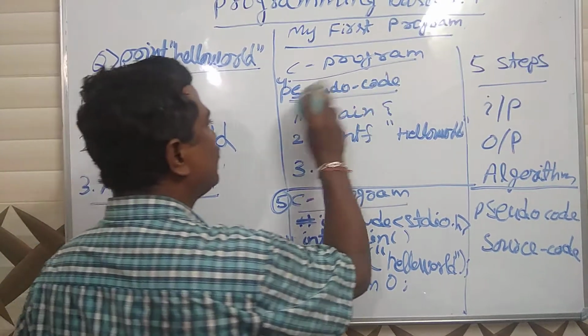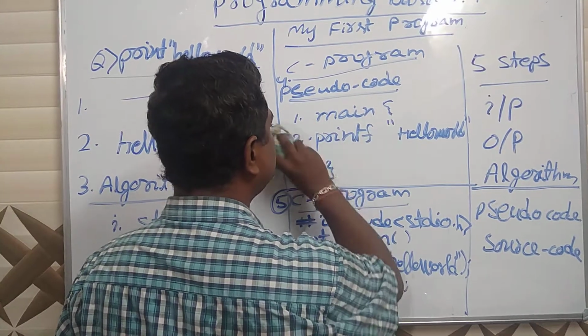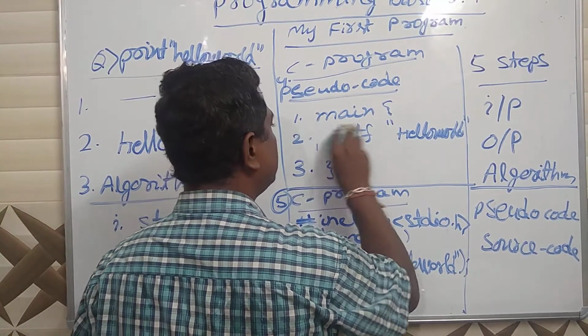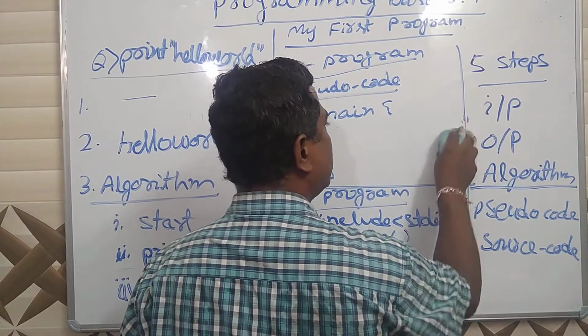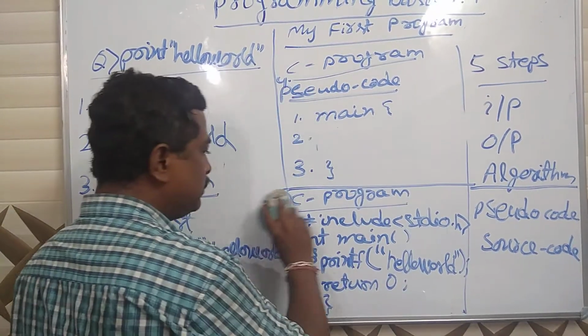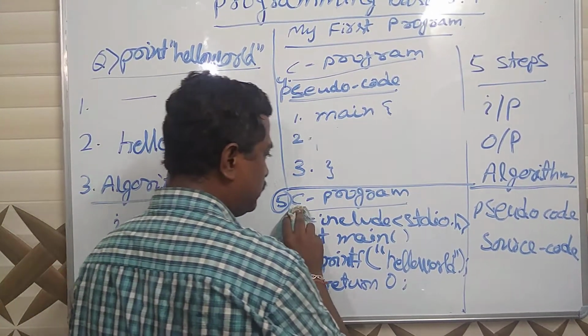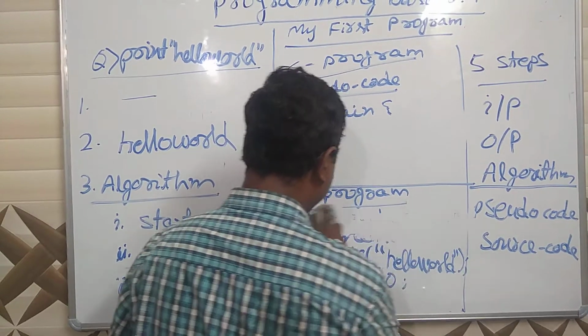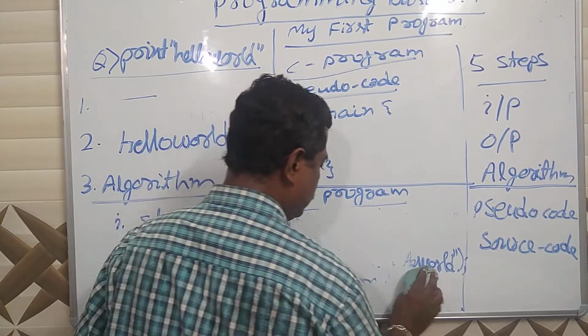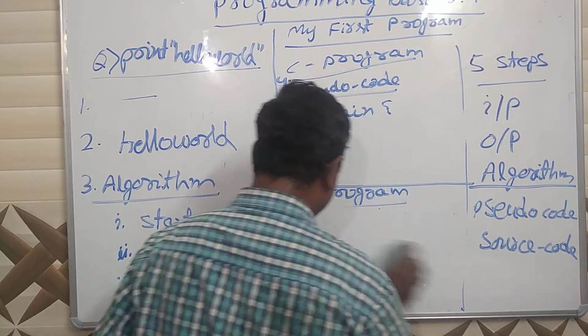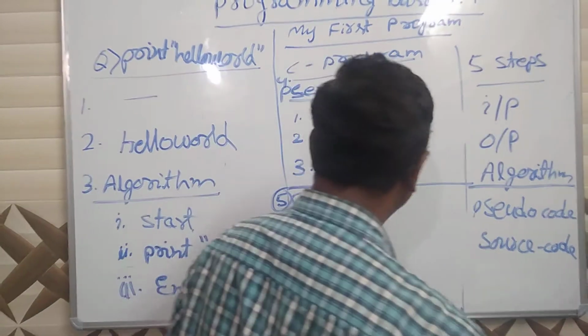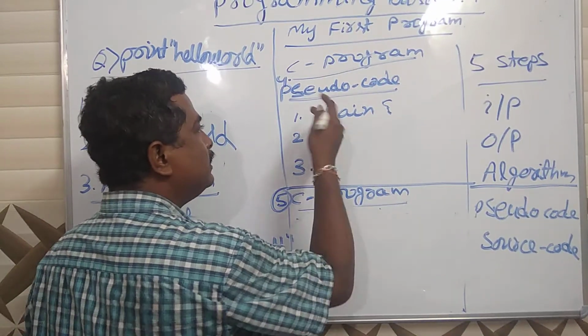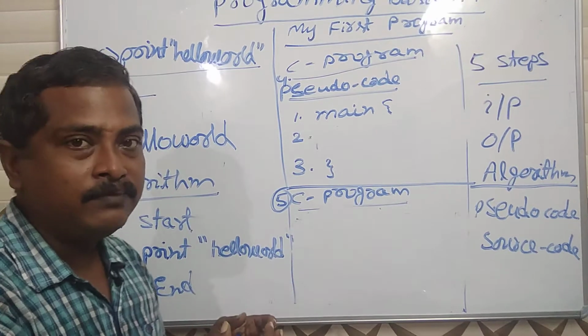So pseudocode I am erasing. This thing I have to erase and change. Program I have to change, not completely, a simple statement only will change, I will tell. So the printf statement, everything is the same in C and C++.